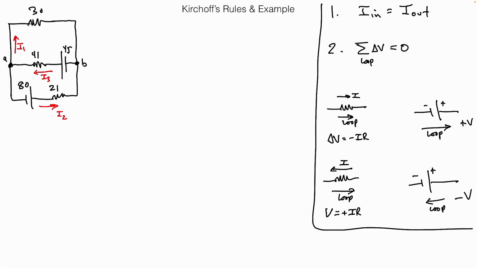Wait, are you placing the arrows based on where the resistors are or where the batteries are? I'm placing it based on where the branches are. There is a unique wire branch of the circuit along that wire, so I could have drawn it anywhere along that wire. And then there's another one up here.